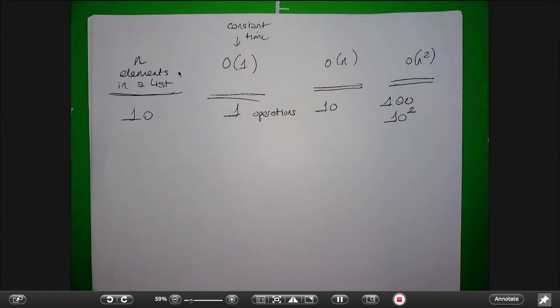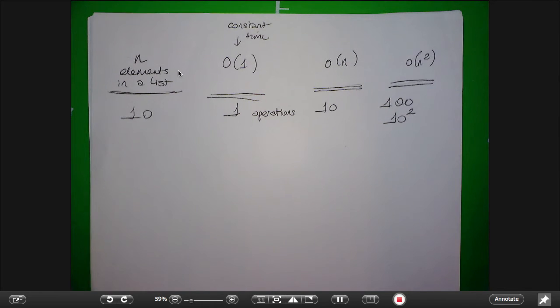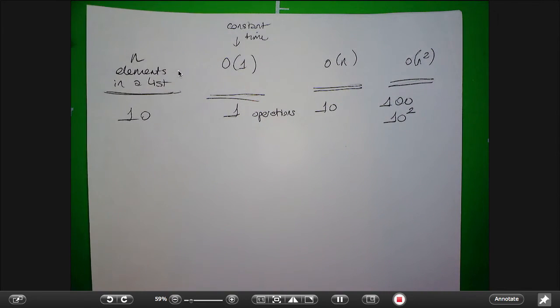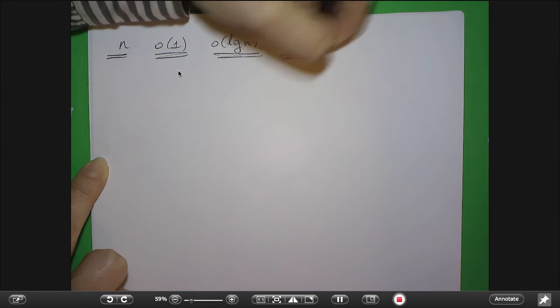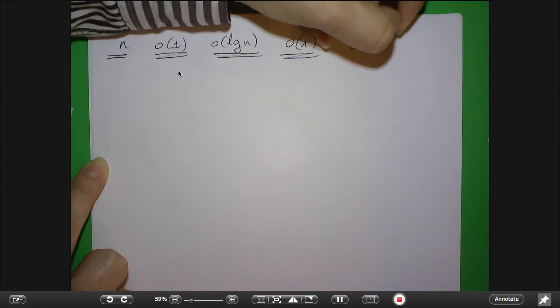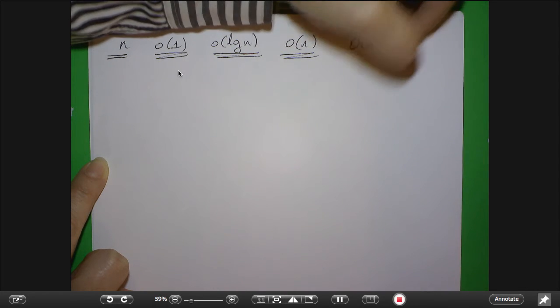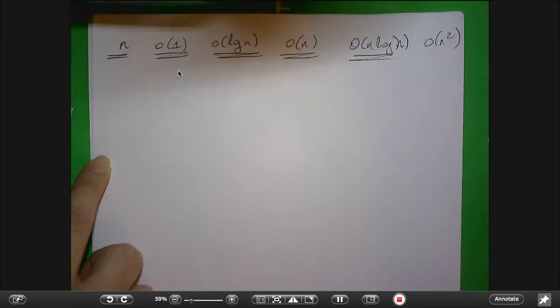The point of all this is how quickly these grow. So I'm going to have O(1), O(log n), O(n), O(n log n), and O(n squared).